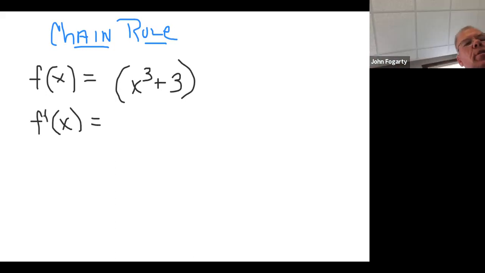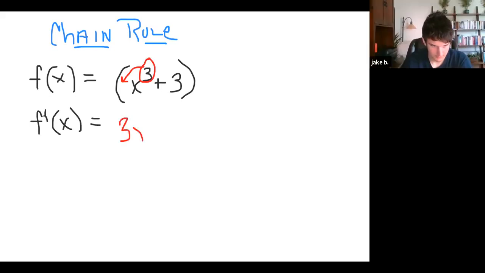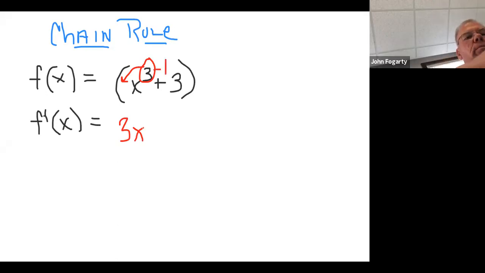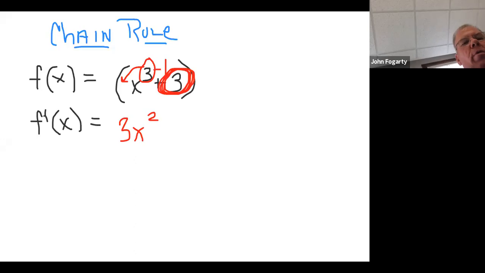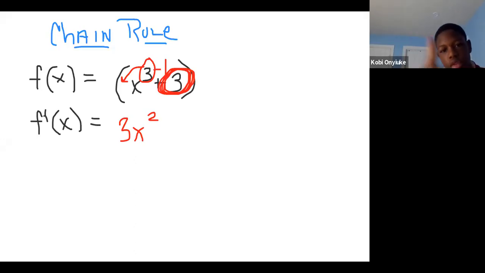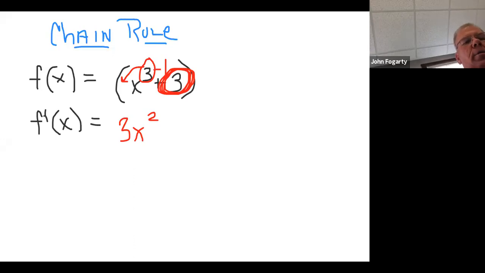Tell me what the derivative is. 3x squared, right? And the derivative of a constant is simply 0. You guys can handle that, right?